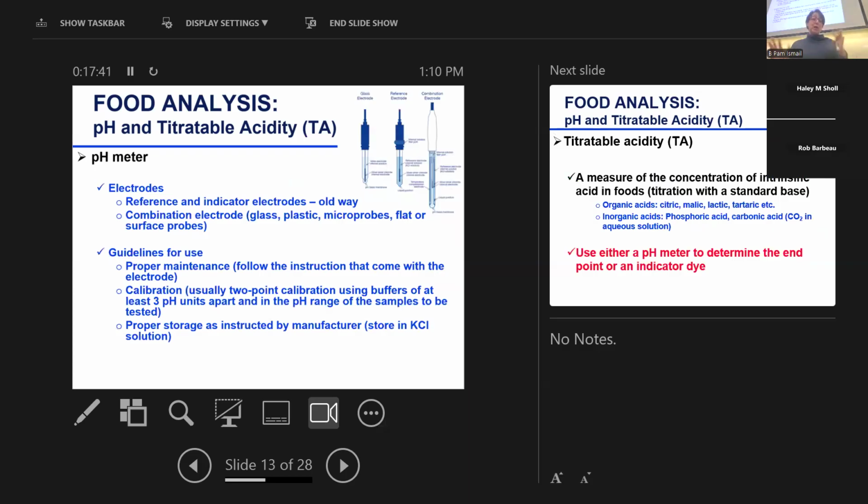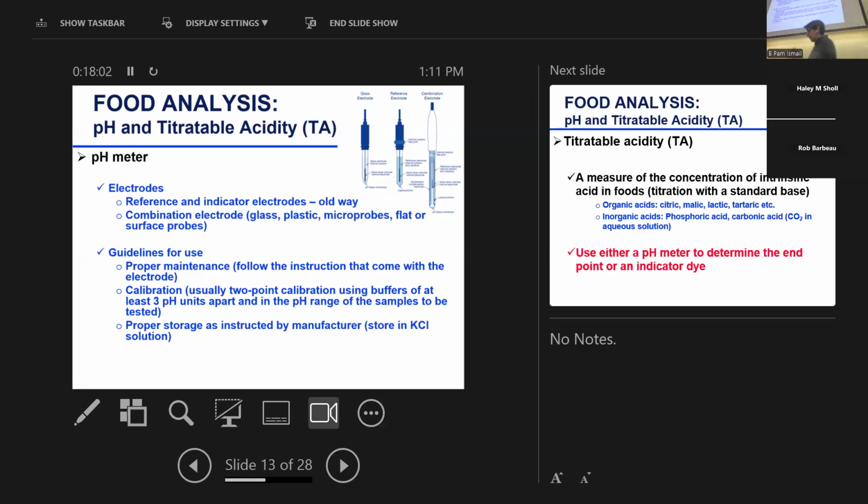I'm not sure about the different types of pH meters that you'll see in the lab, but oftentimes the probe has both your sensor and your reference. There's always a reference electrode and the indicator electrode.